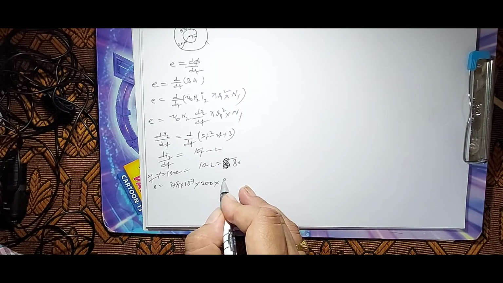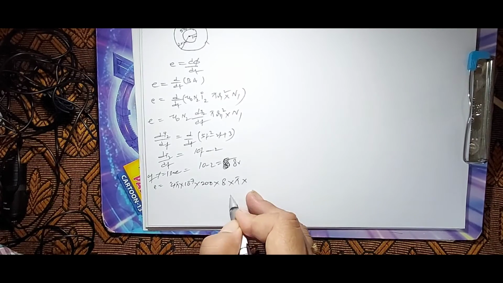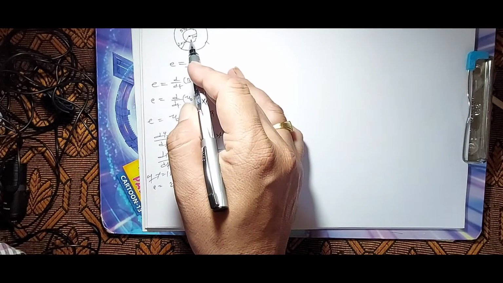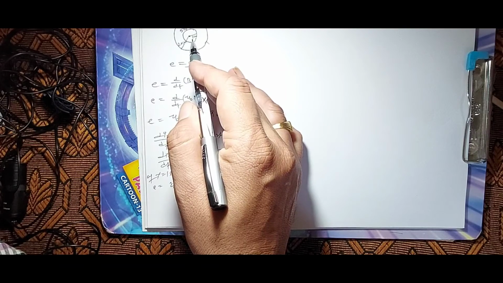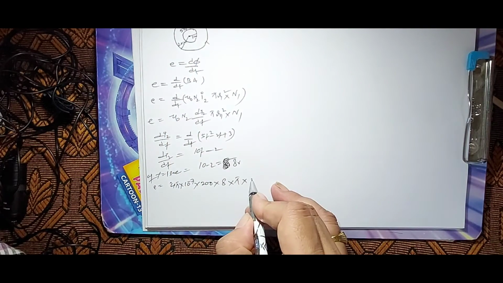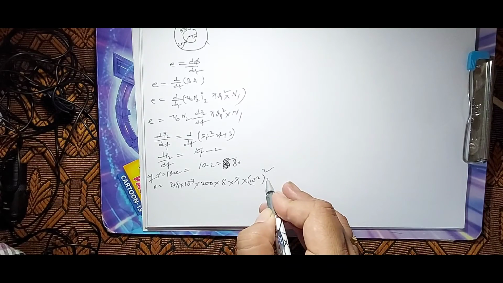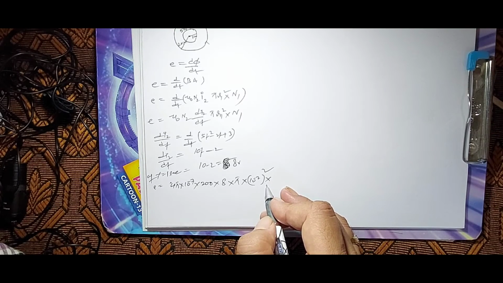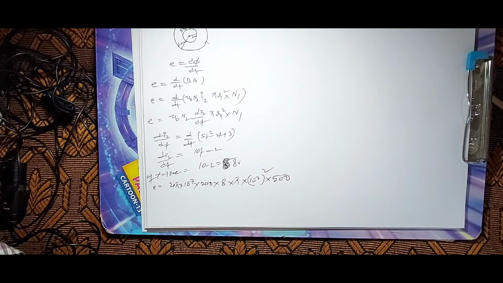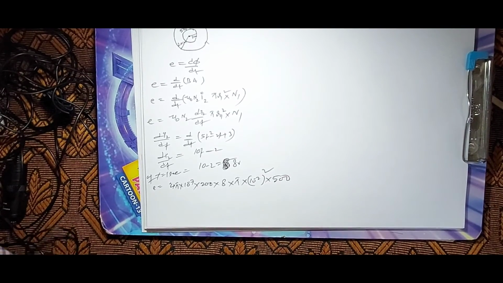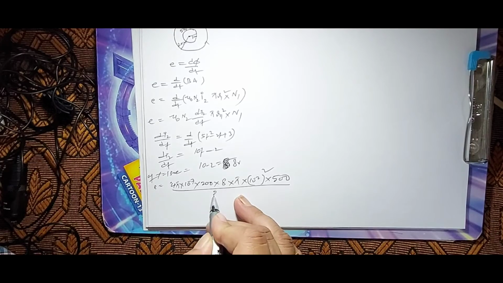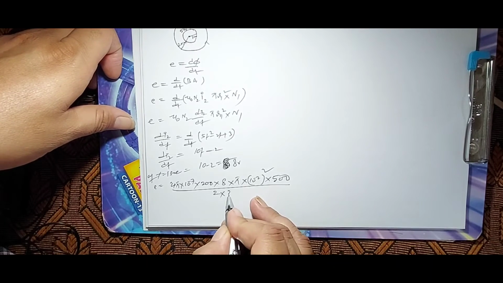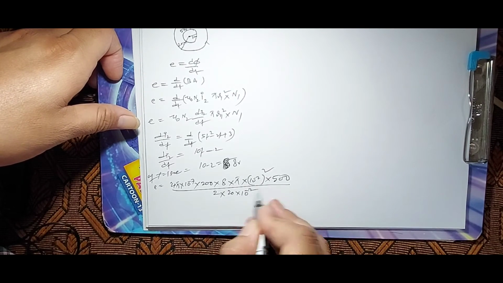So di₂/dt is 8, times πR₁². R₁ is 1 centimeter, converted into meters, (10⁻²)², times N₁. N₁ has 500 turns. Divided by 2R, the radius of the outer coil, 20 × 10⁻².